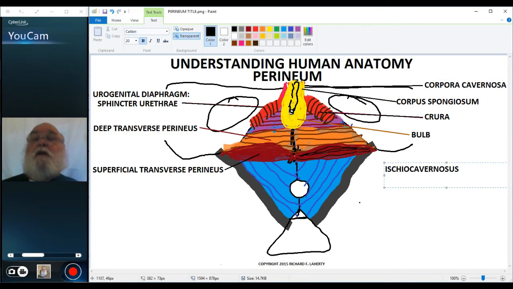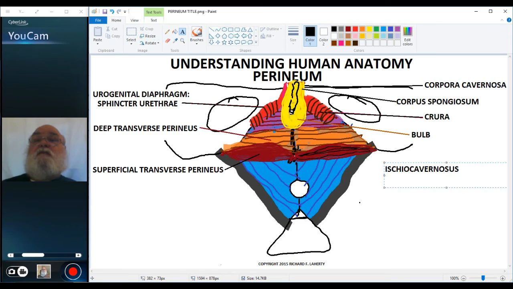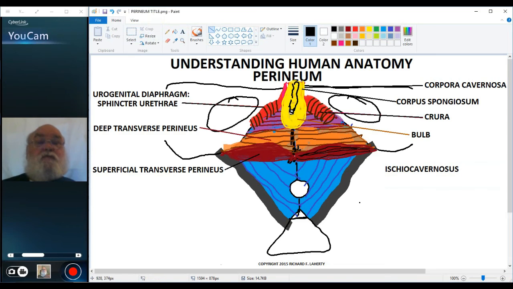And again, these are paired muscles. One on each of the crura.